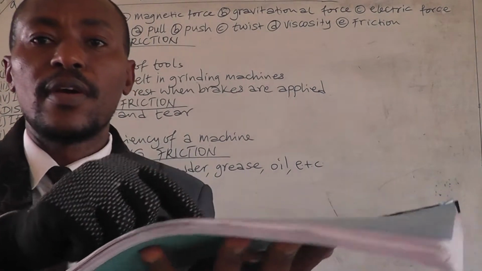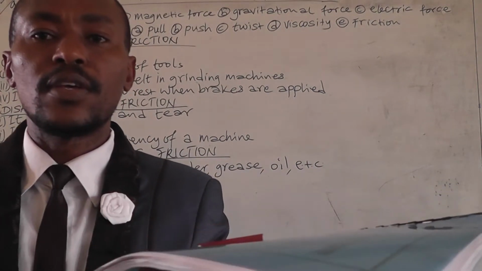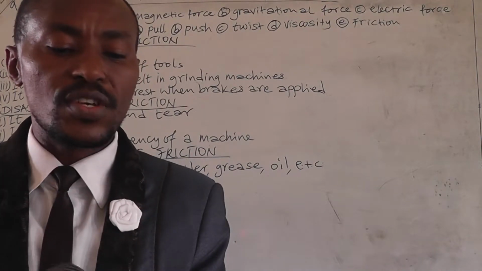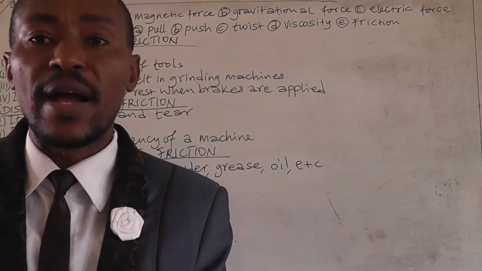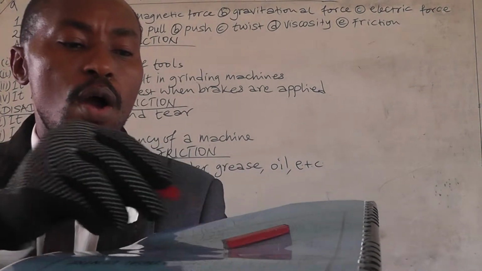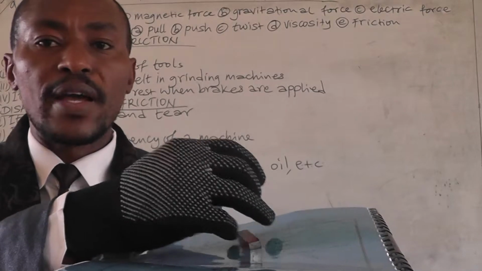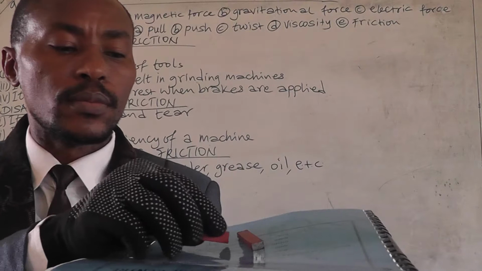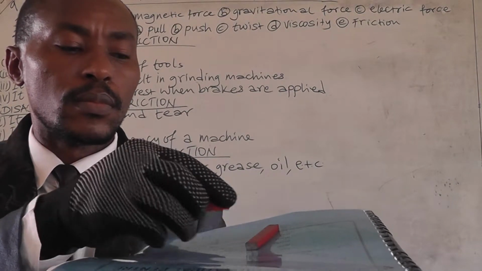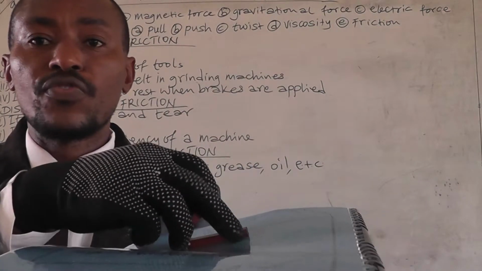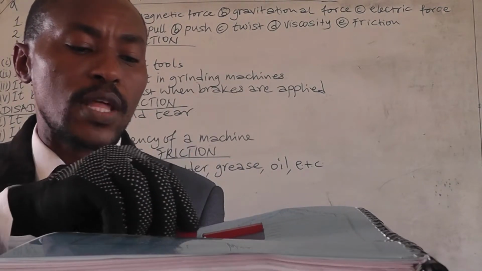I have a magnet here. Let's see how we use like poles of a magnet to make them move. Now, watch. That magnet is moving without actual contact.